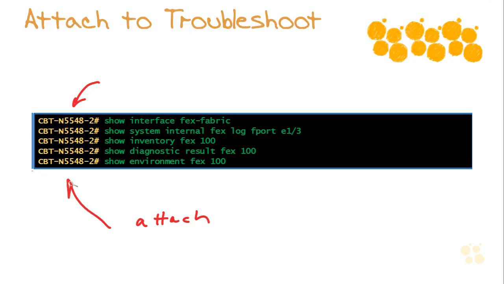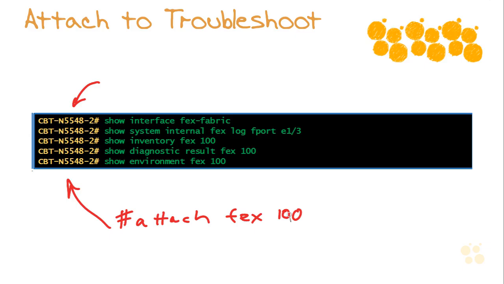So from your Nexus 5K, we say in privileged configuration mode, attach, and then like FEX 100, for example. We will literally now be at the CLI of that particular device, and there we can use show commands related to the fabric extender in order to troubleshoot a particular problem.